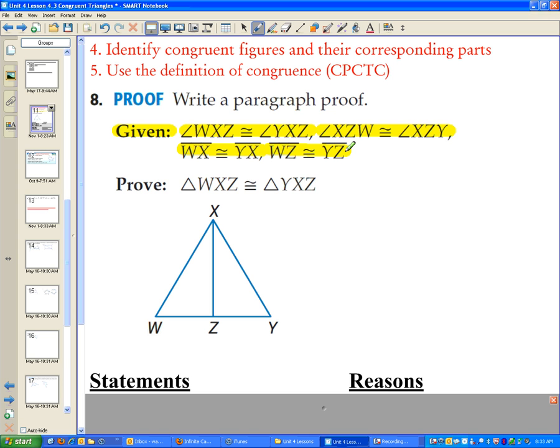That's knowledge that we have to get us started on our proof. Now, you also got to keep in mind what it is you're supposed to prove. For this particular problem, we're supposed to prove that triangle WXZ is congruent to triangle YXZ. So, write that down. Prove triangle WXZ is congruent to triangle YXZ.